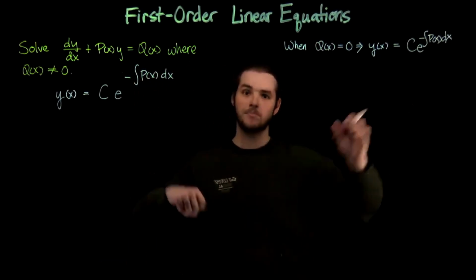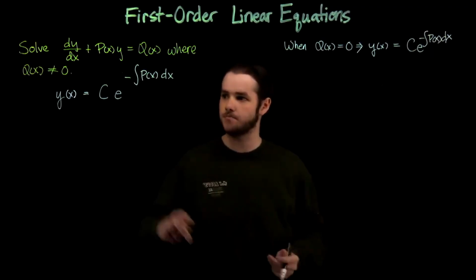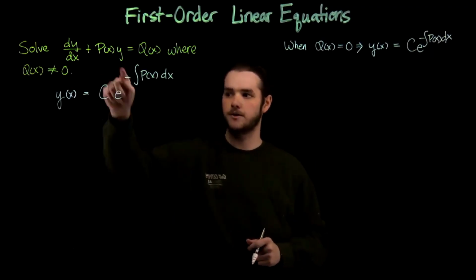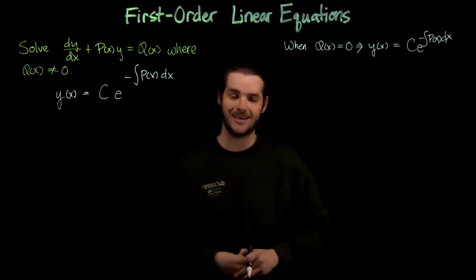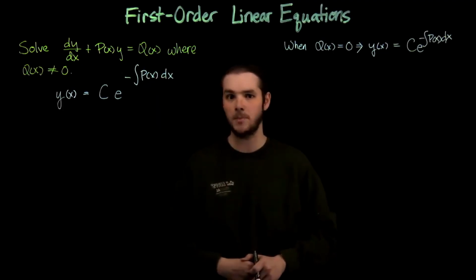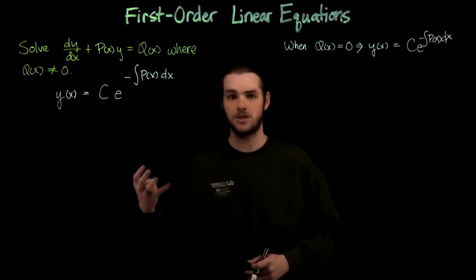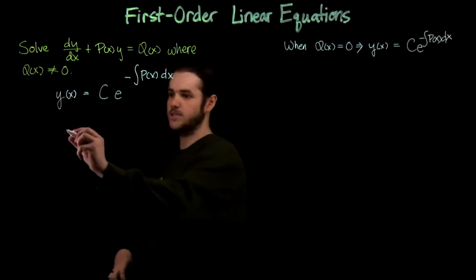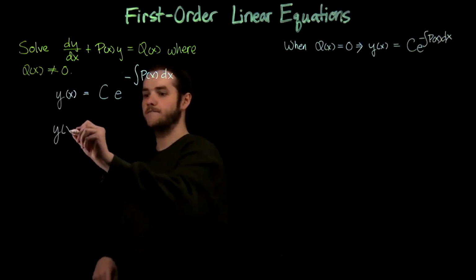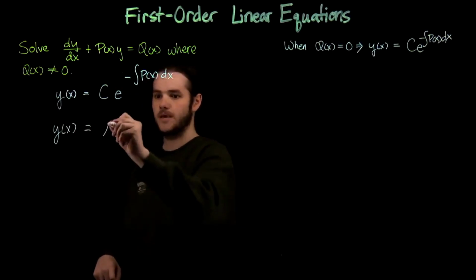Right? It might look something like this, except that I have no reason to believe that my parameter here is a constant anymore. Remember, q of x is allowed to be a function of x, and that might make the solution look more complicated. So what we do to compensate is we expect y to have the form, well, not a constant, but maybe some function.